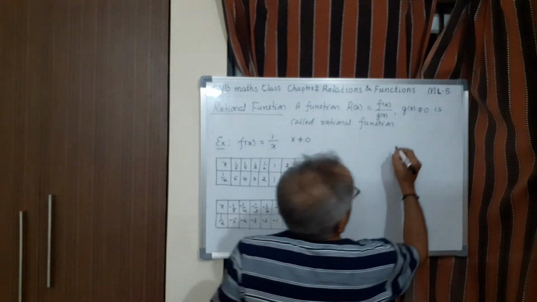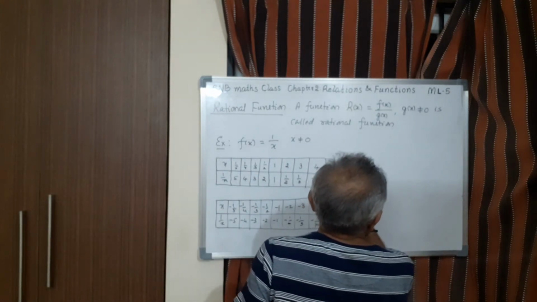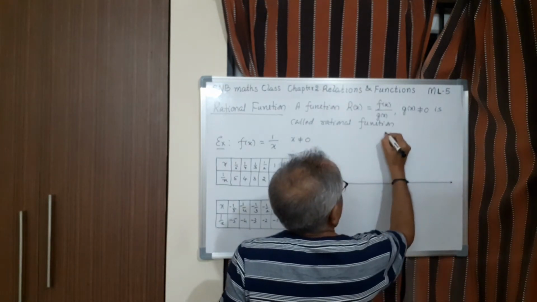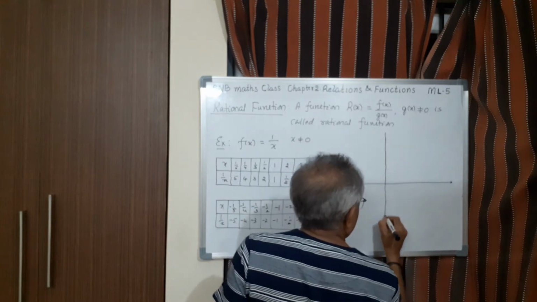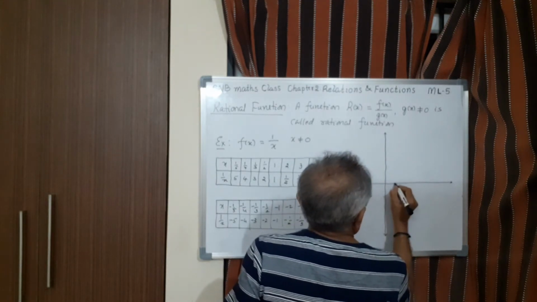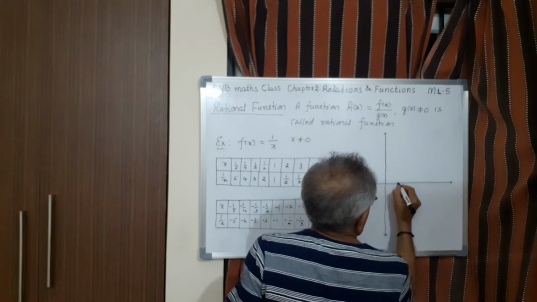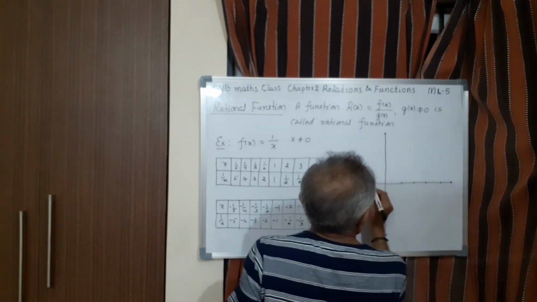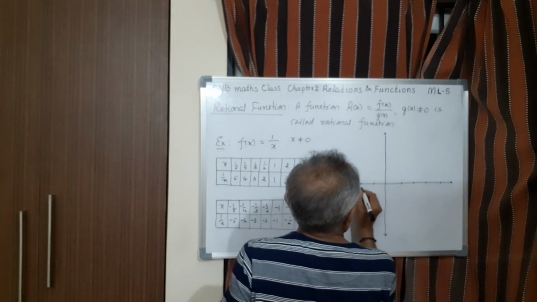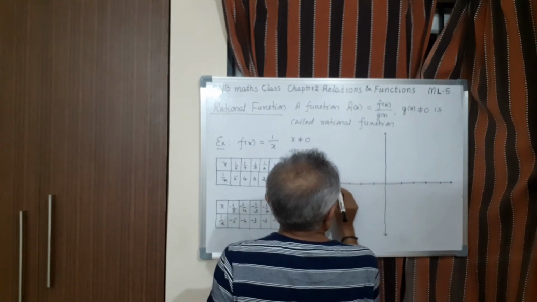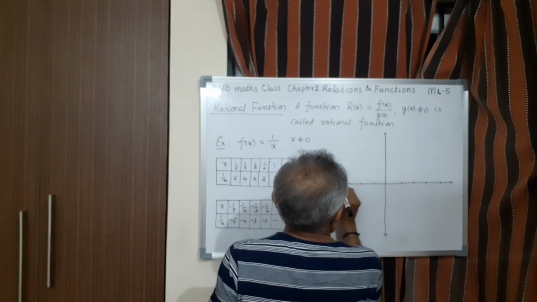Therefore let me take the graph like this. So 1, 2, 3, 4, minus 1, minus 2, minus 3, minus 4.